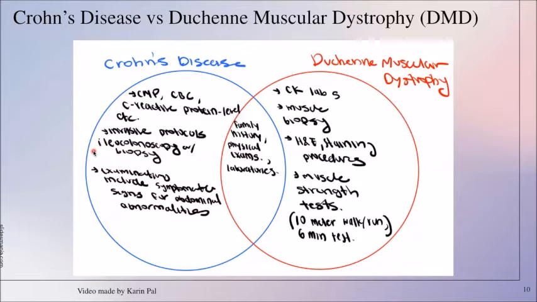Additionally, both diagnostic processes also conduct physical examinations. However, for DMD, the physical examinations conducted typically involve testing for muscle strength or functional impairments, whereas Crohn's disease physical examinations are conducted to determine if there are any symptomatic abdominal abnormalities.